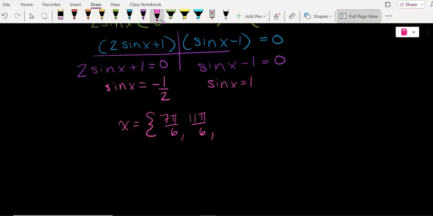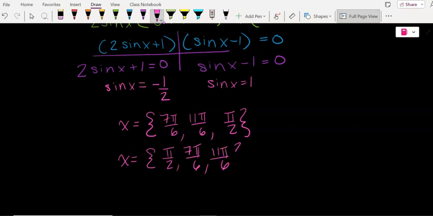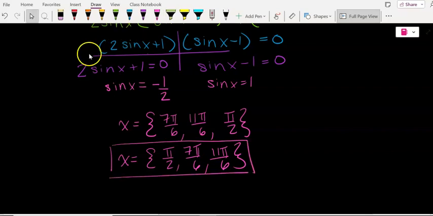Sine is going to equal 1 at pi over 2 and pi over 2 only. So technically, yes, these should be written from least to greatest. So my least would be pi over 2. Then I've got 7 pi over 6 and then 11 pi over 6. Okay, so there's my final answer right there for my x.